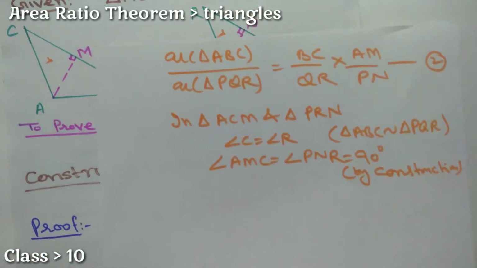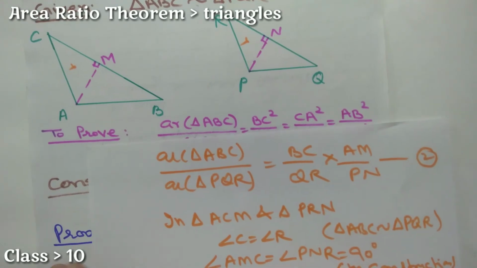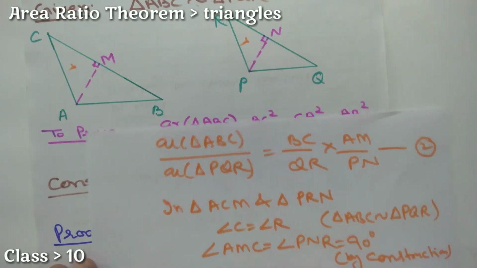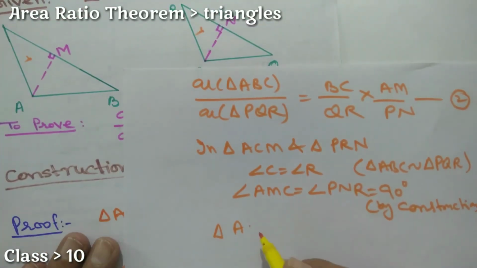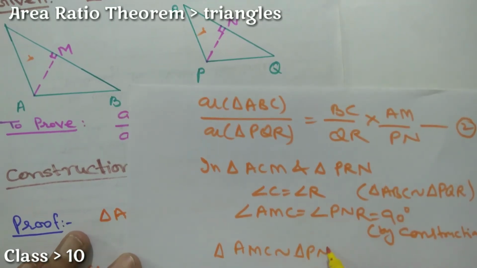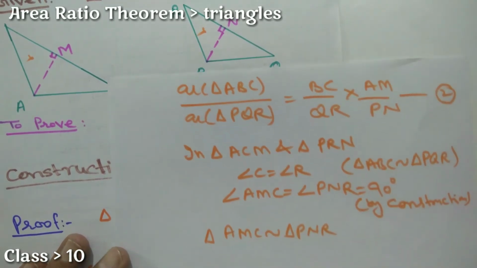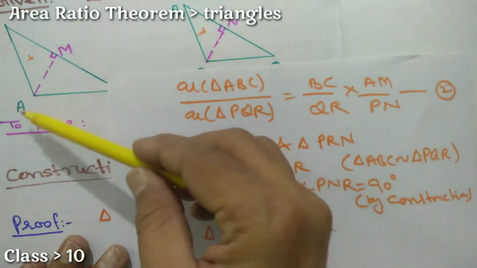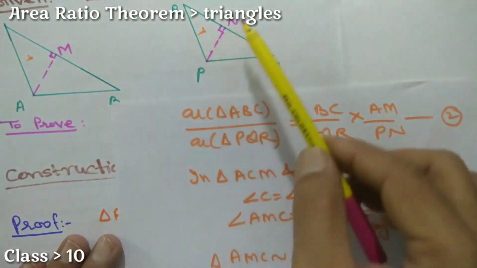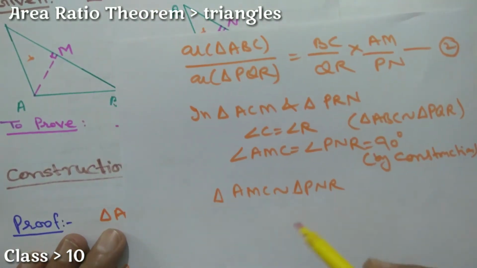Now as two angles of one triangle are equal to two angles of the other triangle, therefore we can write triangle AMC is similar to triangle PNR. And as these two triangles are similar, the ratio of their corresponding sides is also the same. So I would not take CM or RN. The remaining two sides I can take.